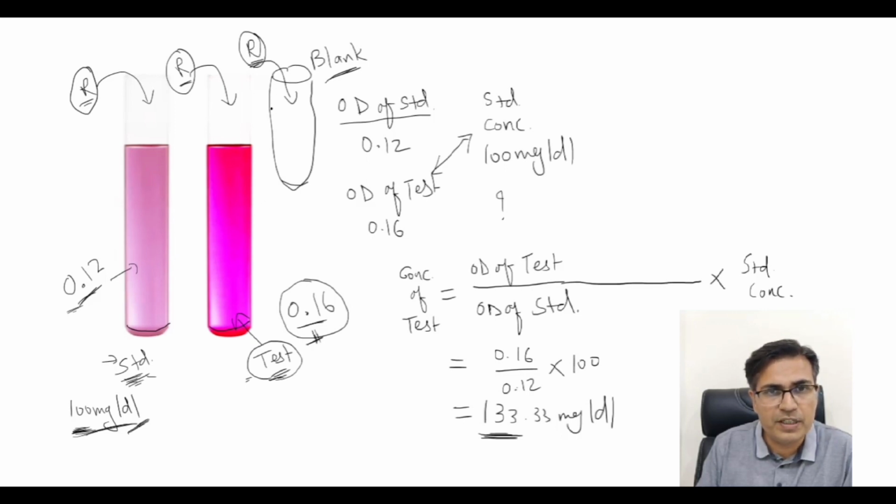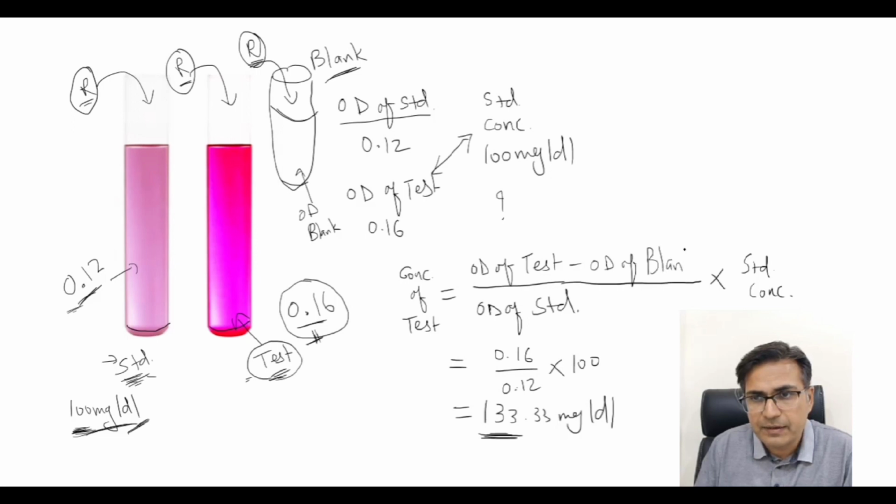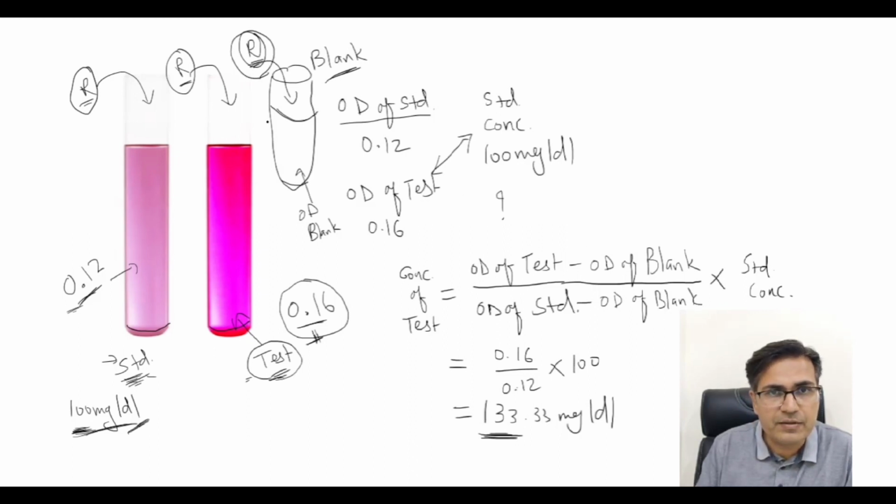So what we do is we add reagent in blank and take the OD of this blank solution, and we subtract the OD of blank from test and from standard also. Okay, we don't need the color of reagent. Understand what is the importance of blank? The importance of blank is to subtract the color of reagent.